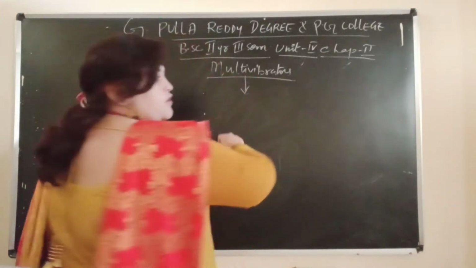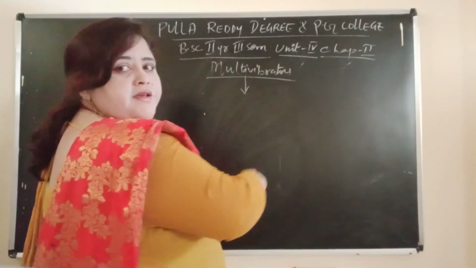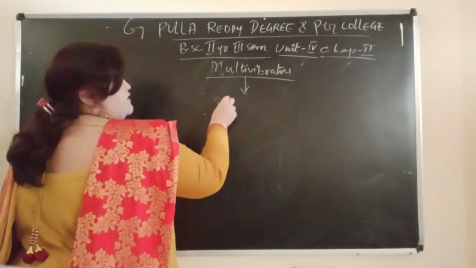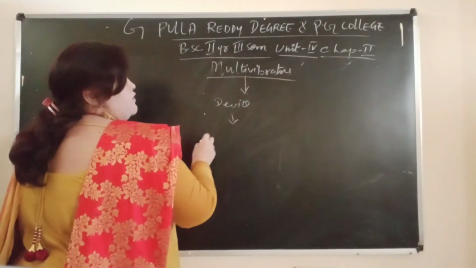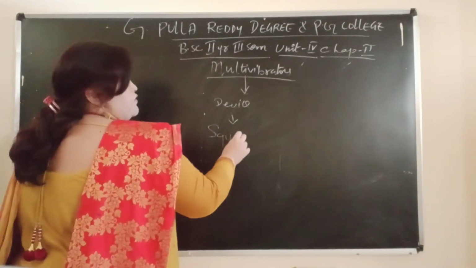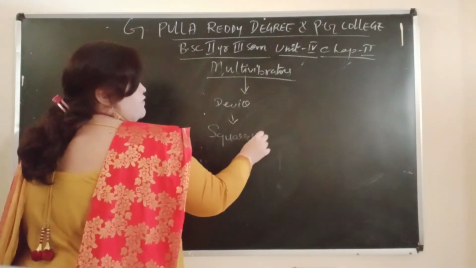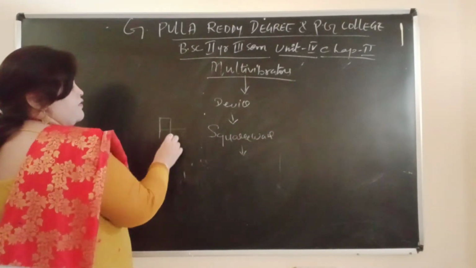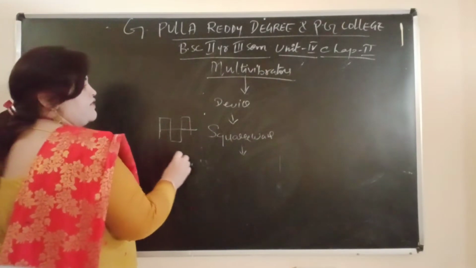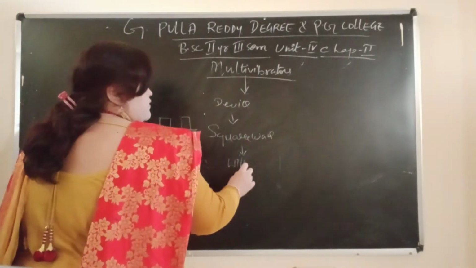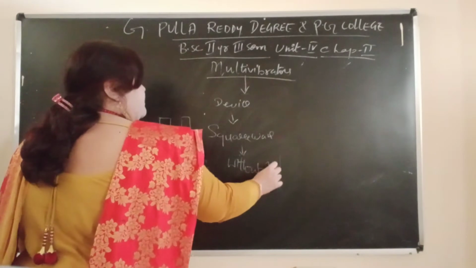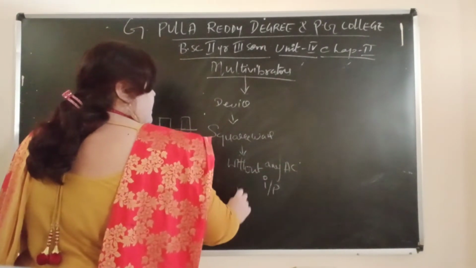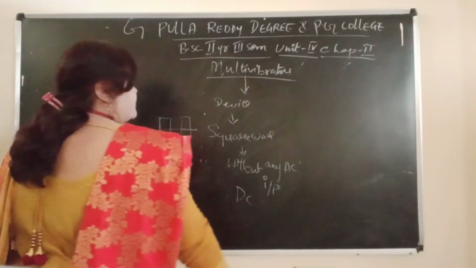First, the definition of a multivibrator. It is a device which can generate a square wave without any AC input, as long as the DC power supply is connected to it.